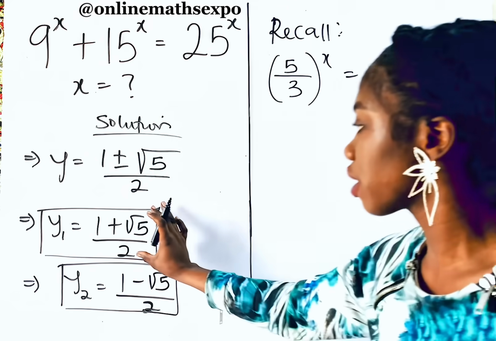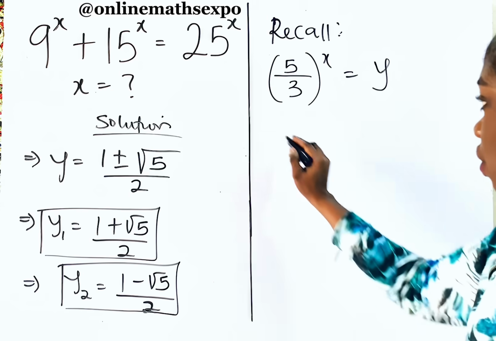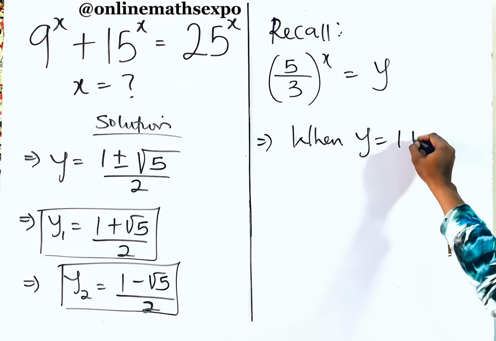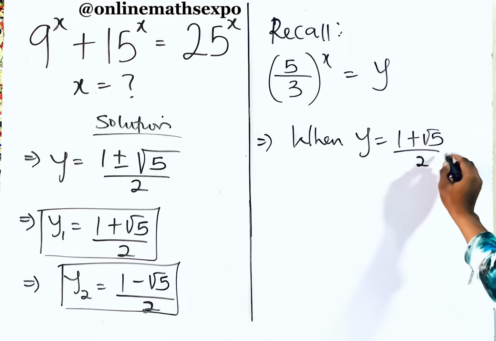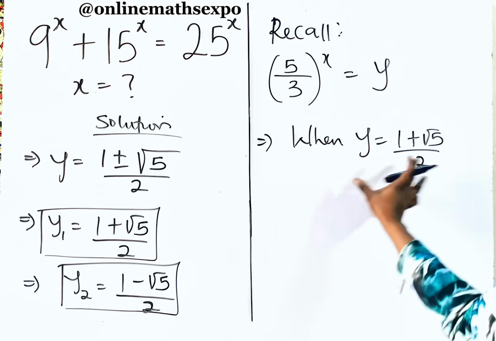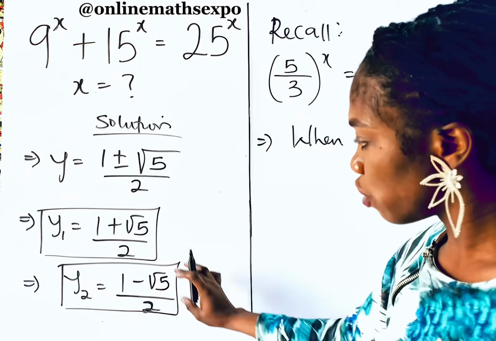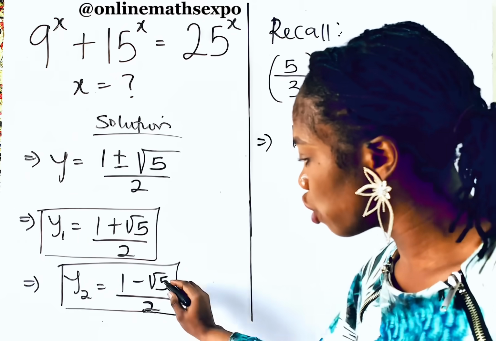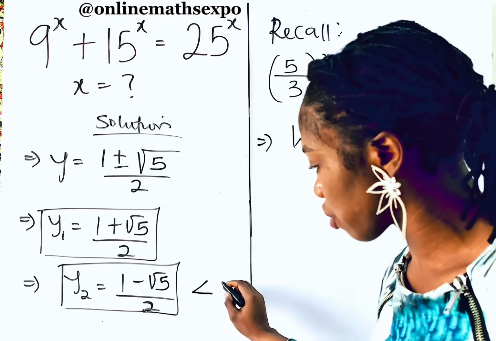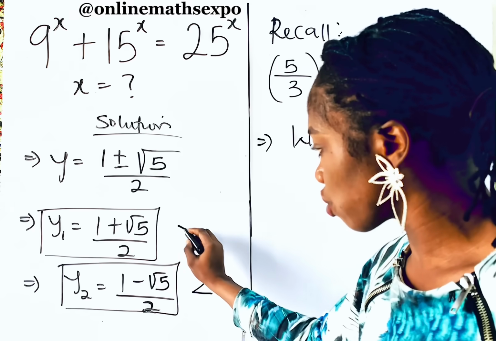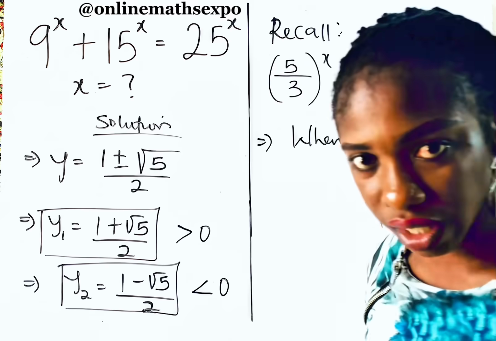So we're going to take the first value of y. In that case, when y is equal to 1 plus root 5 divided by 2, we are going to have, but did you observe anything? For these two values of y, when you simplify the second y value, it's going to give us a negative result, which is less than 0. When you simplify the first, it's going to give us an answer that is positive.